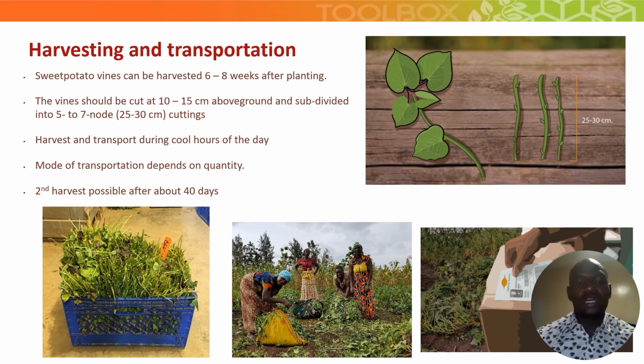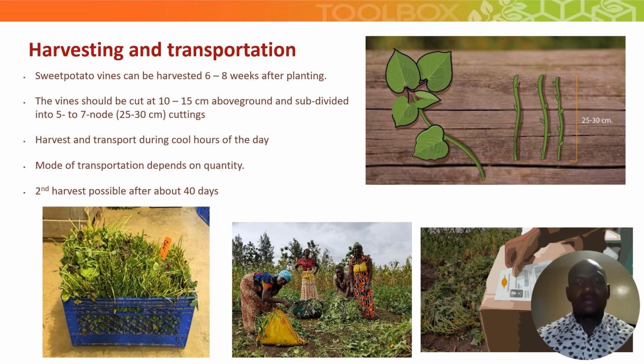You should cut the vines at 10 to 15 centimeters above the ground, and then subdivide them into cuttings that are about 25 to 30 centimeters long, 5 to 7 knots, as you can see on the photo there on the right hand side.